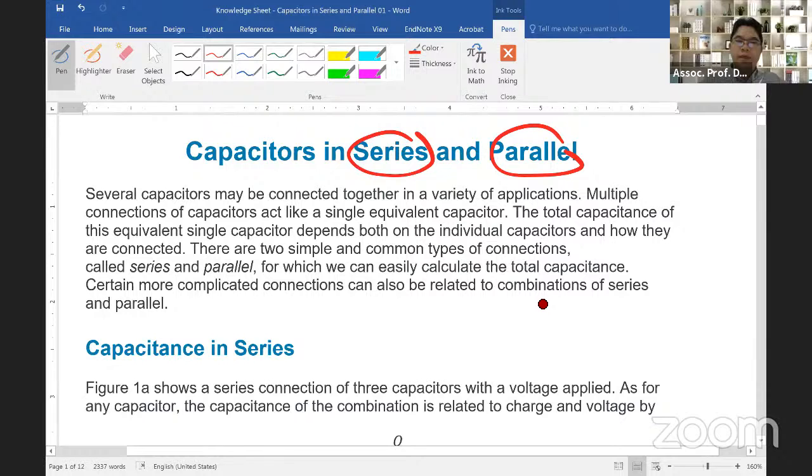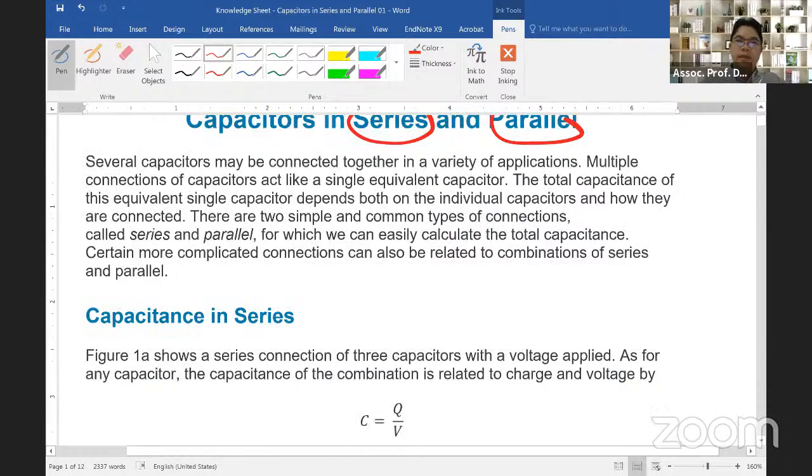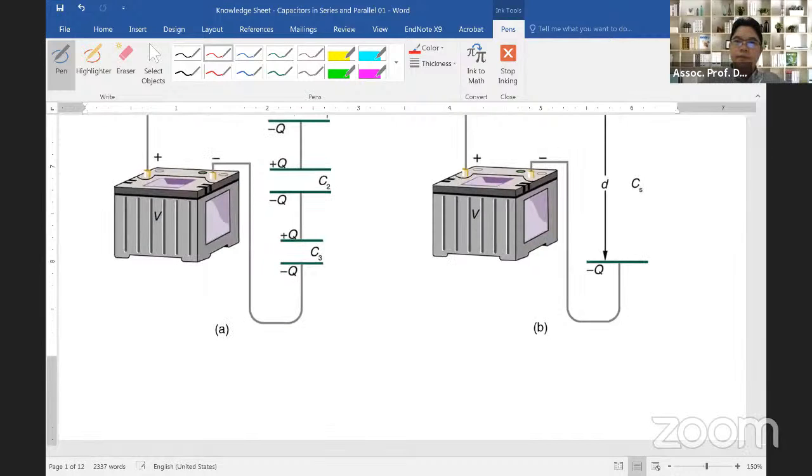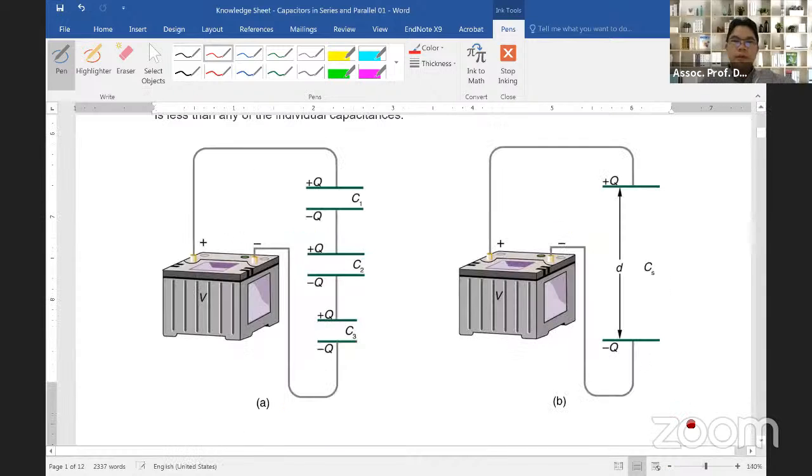Here I would like to show the figure. I make it smaller so we can see it. Here you connect three capacitors, C1, C2, and CT, together in series.